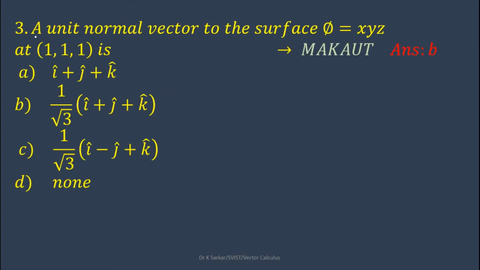Question number 3. A unit normal vector to the surface phi equals xyz at (1, 1, 1) is. Remember, grad phi is the normal to scalar point function phi.